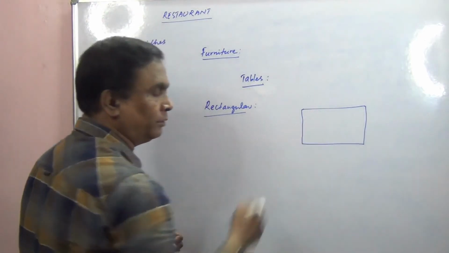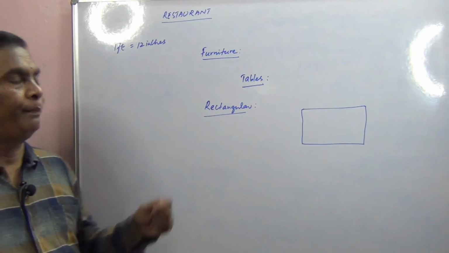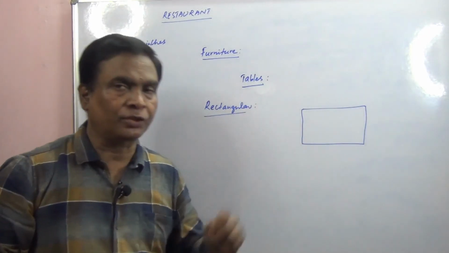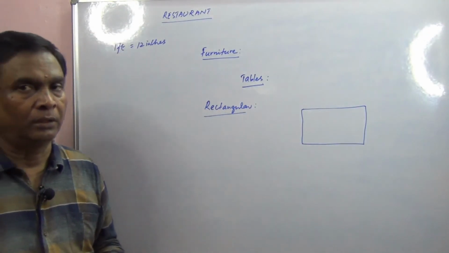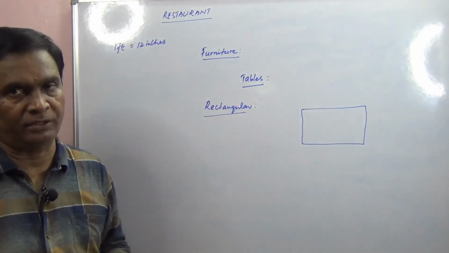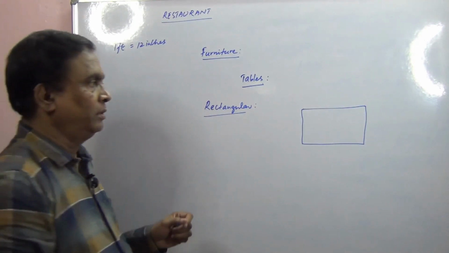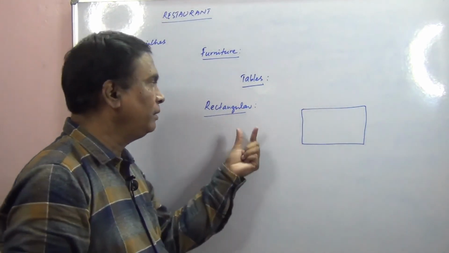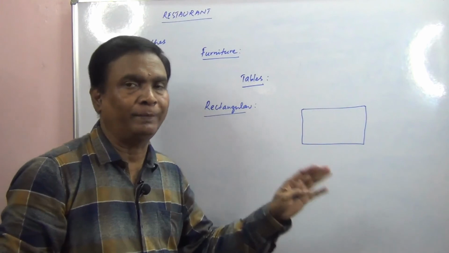Now this is meant for minimum 4 packs, and it can also be given for 6 members. But normally this particular table is meant for 4 packs.